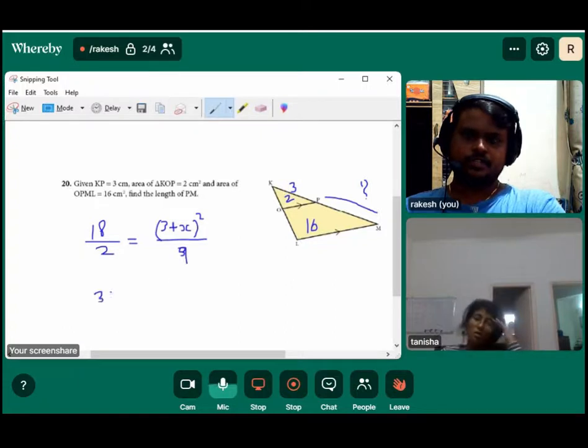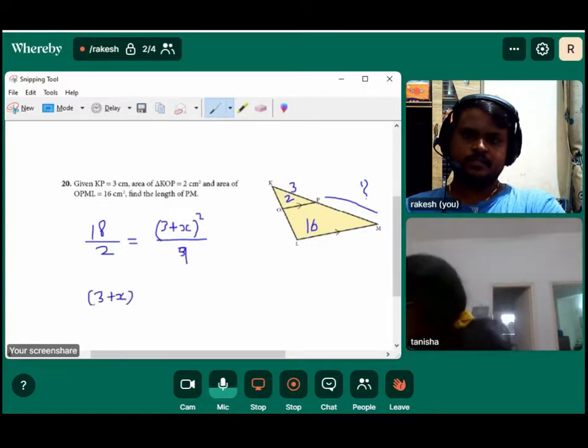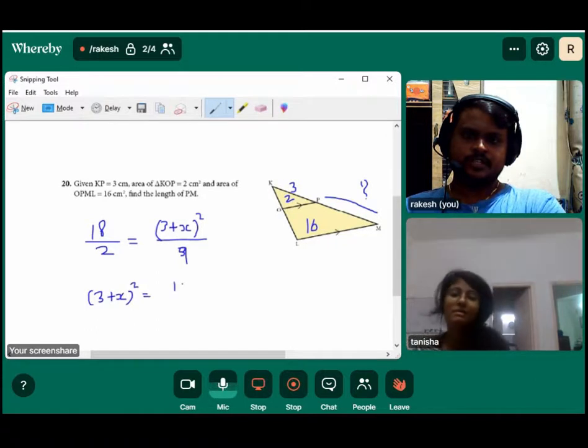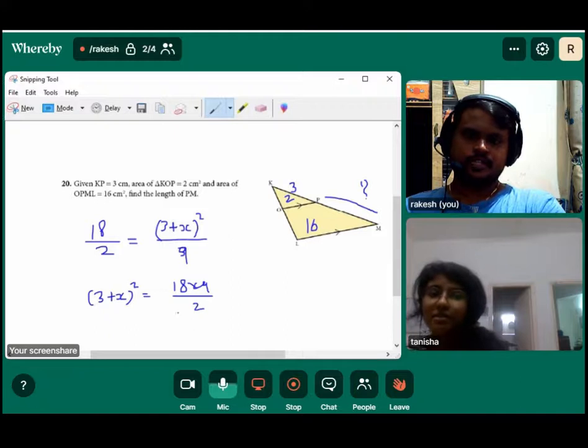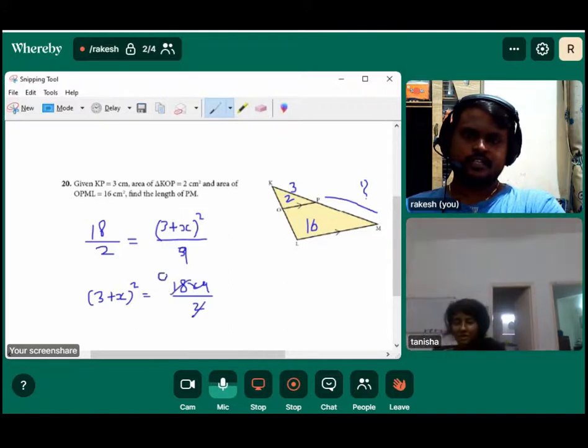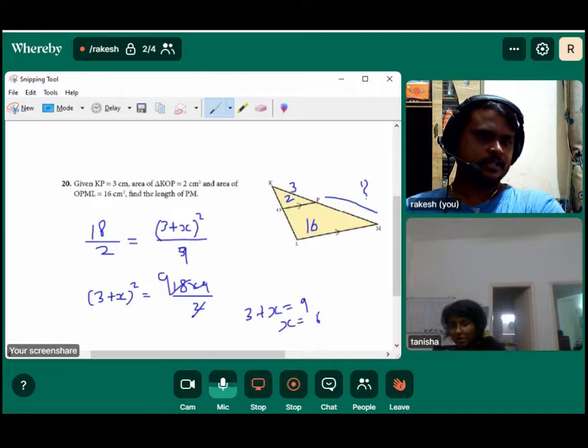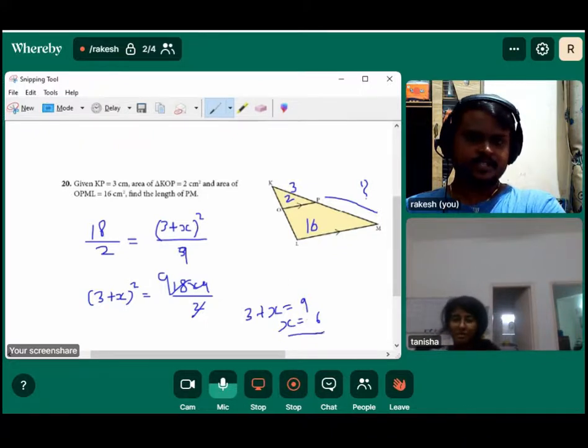So 3 plus x the whole square is 18 into 9 upon 2, right? So 2 nines are 18. It means 3 plus x is equal to 9 and x is equal to 6. What did you say? 6? I got it wrong. I got 8.4. 8.4? No, it is supposed to be 6. See, I have considered this as x.